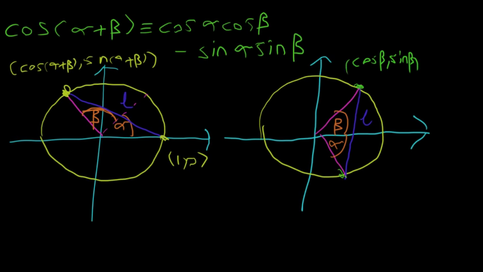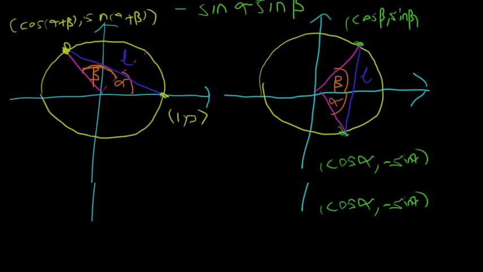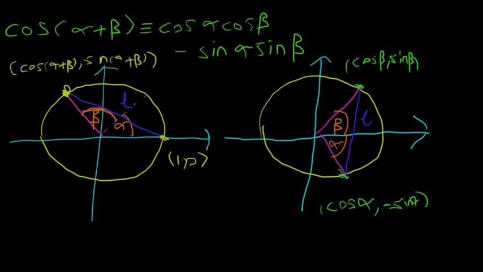And down here, this is going to be cos of alpha and minus sine of alpha. Okay, so the crux of the idea is that this line L is the same length. So if L has the same length, then L squared has the same length, right?